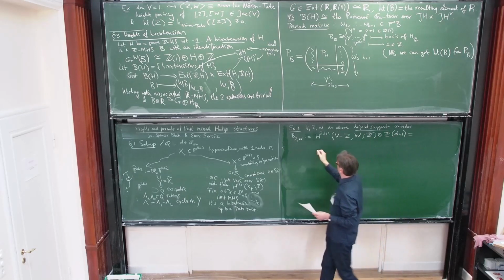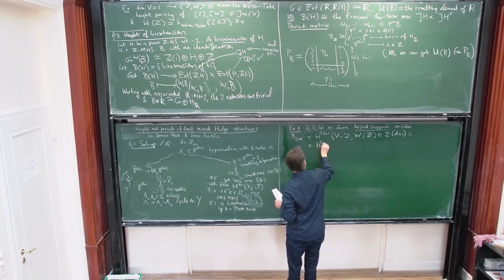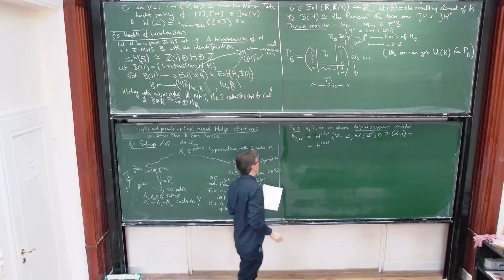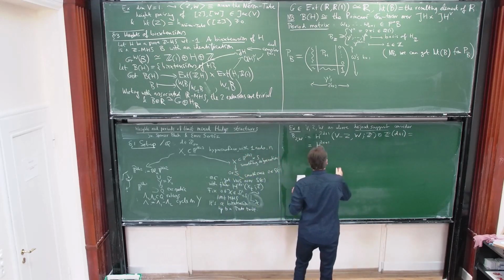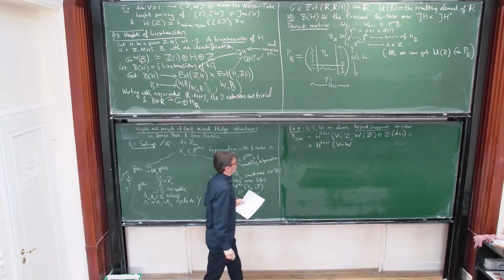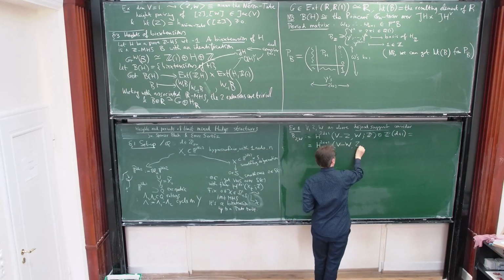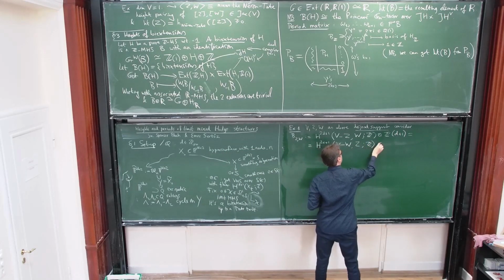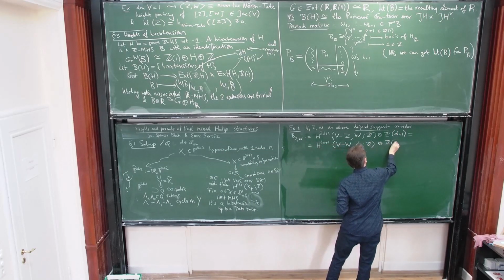And this can also be written by symmetry. This thing is symmetric in terms of relative cohomology on V minus W, and then I take Z here, and again Z coefficients, and then the Tate twist is by d plus 1.